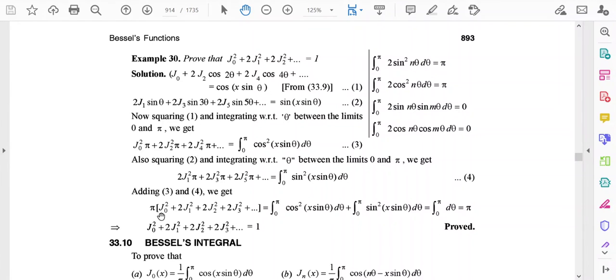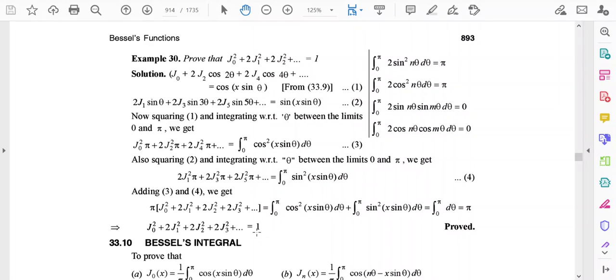On the other side, we can take pi common, and inside will be j0 square plus 2j1 square plus 2j2 square and so on. So pi will cancel out. Ultimately we obtain j0 square plus 2j1 square plus 2j2 square plus 2j3 square and so on, equal to 1. So in this way we can prove this.